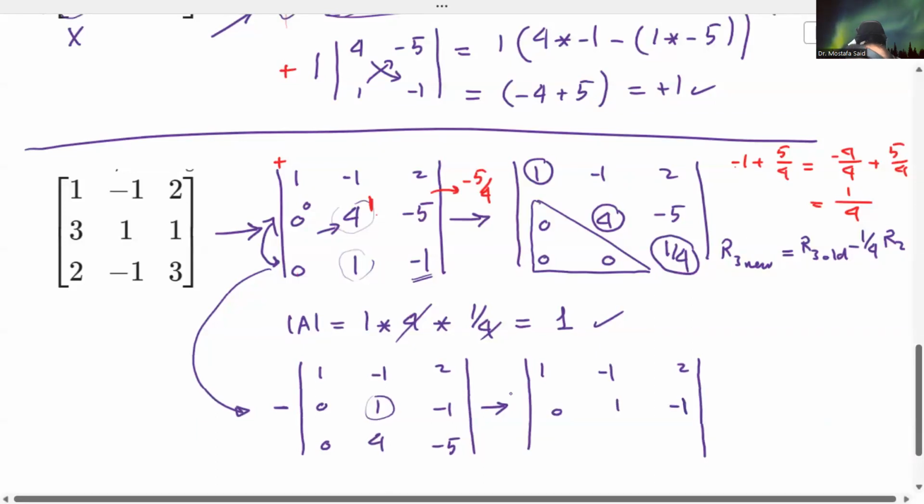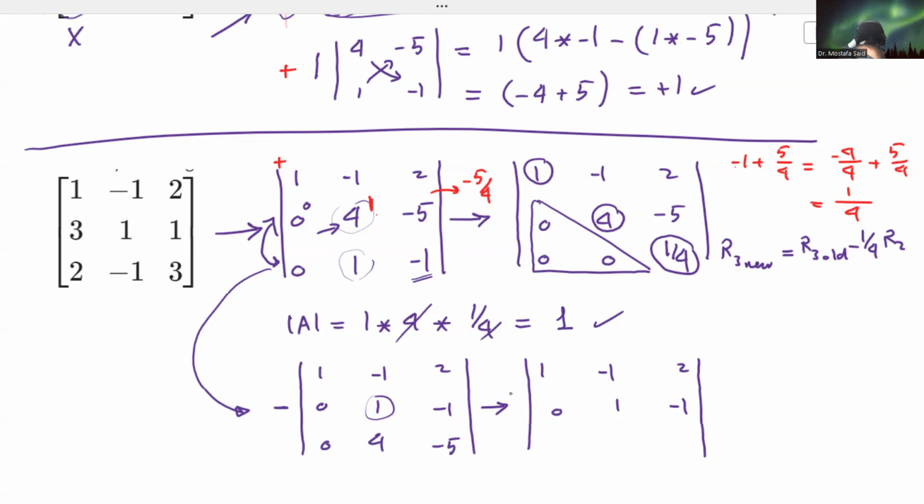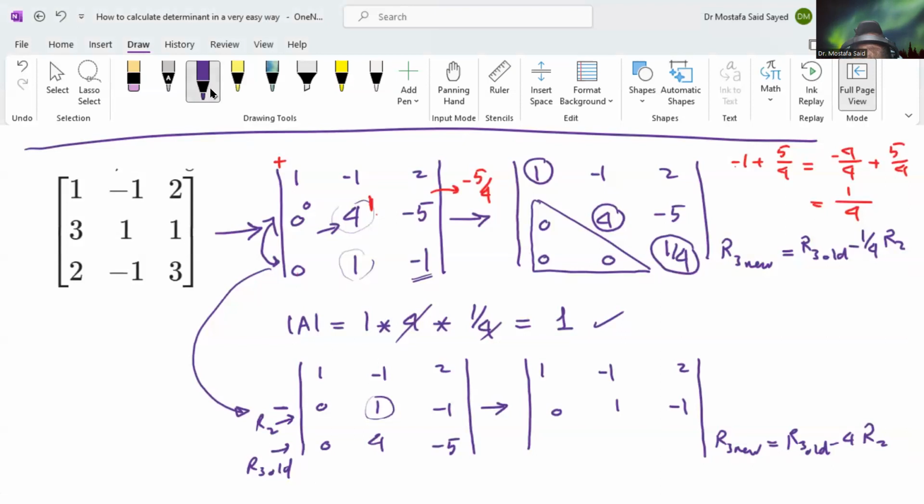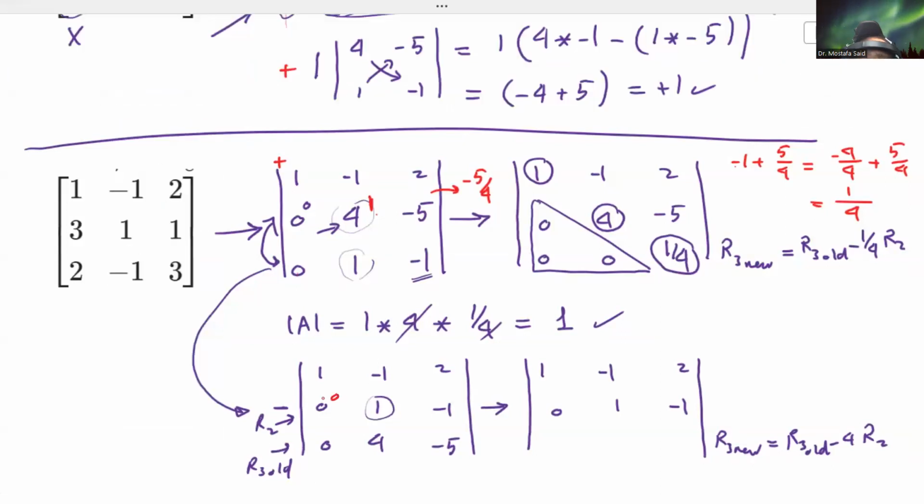The first row will be the same, the second row will be the same. Then R3 new will be R3 old minus 4 R2. When you multiply R2 by 4, of course, that will be 0.